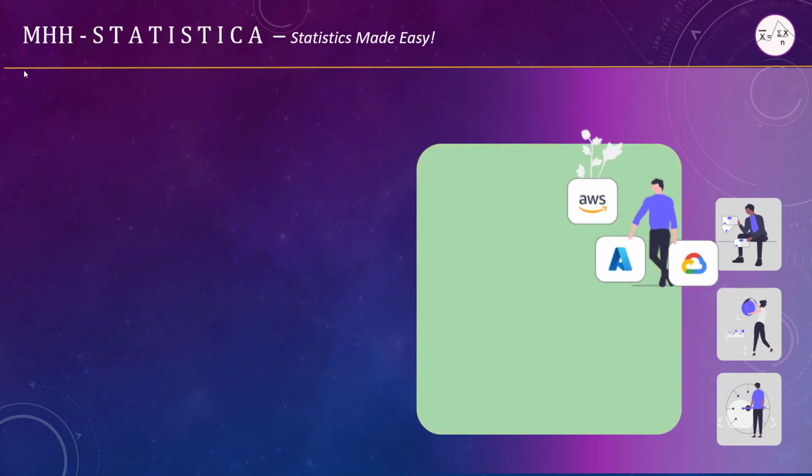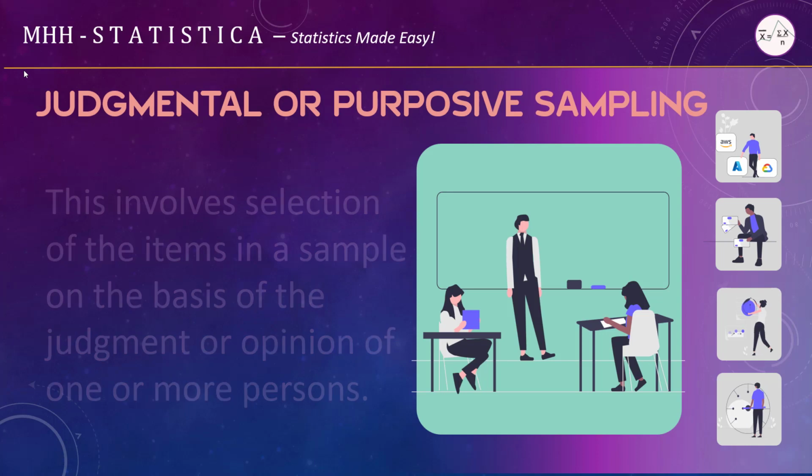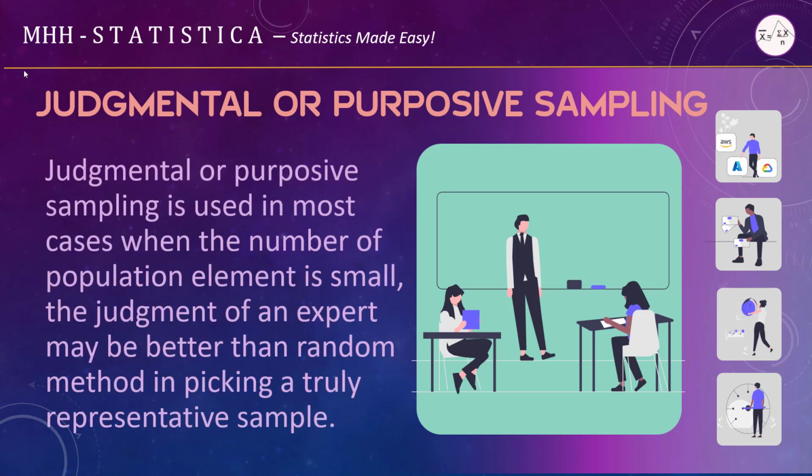The next one is judgmental or purposive sampling. This involves selection of the items in a sample on the basis of the judgment or opinion of one or more persons. Judgmental or purposive sampling is used in most cases when the number of population elements is small.